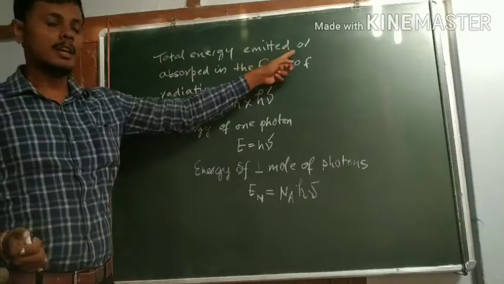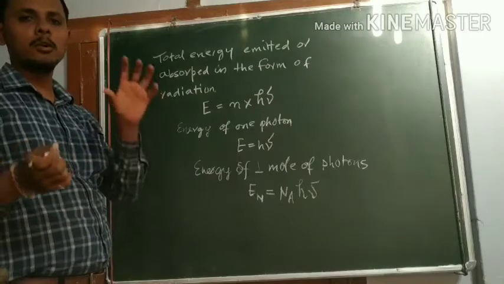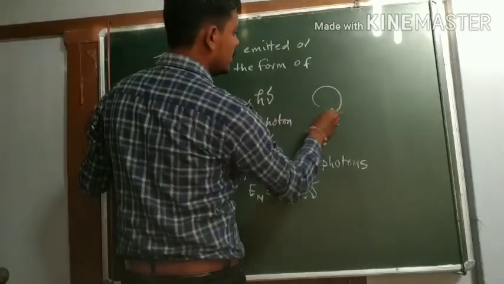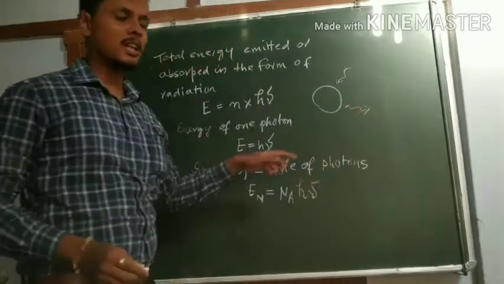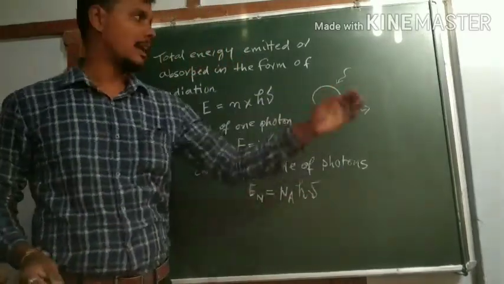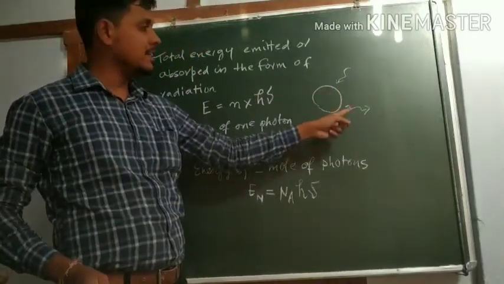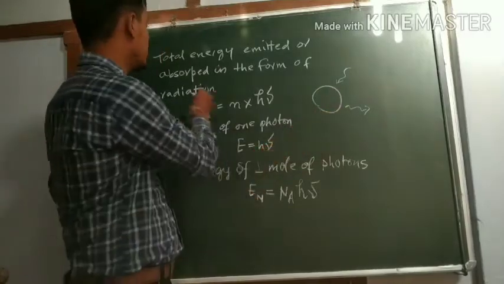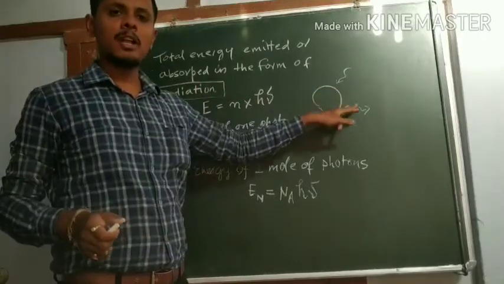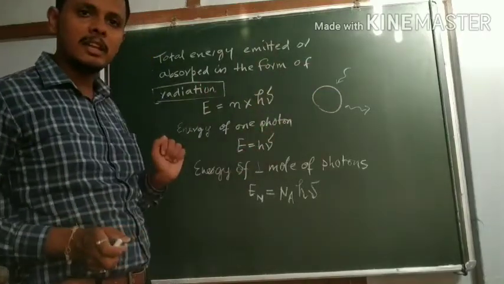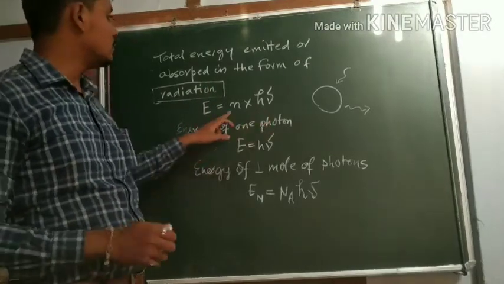Total energy emitted or absorbed in the form of radiation. So if a body absorbs energy, this is a body, or emits energy, the body can absorb energy or emit energy, take energy or give energy. If the energy absorbed or emitted is electromagnetic radiation, then E equals nh nu is the energy of n photons.